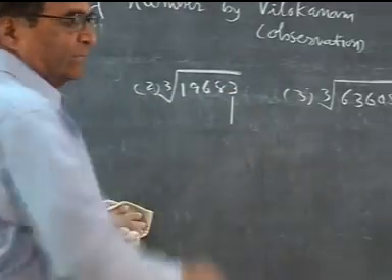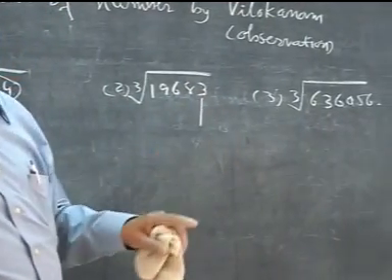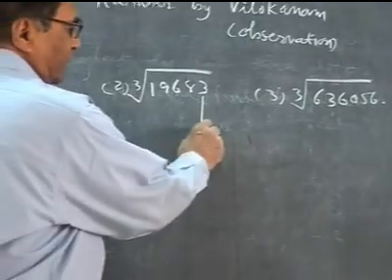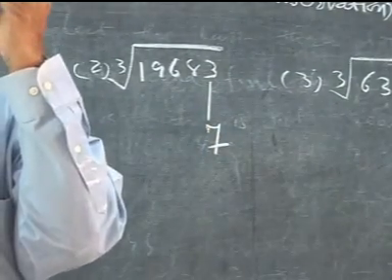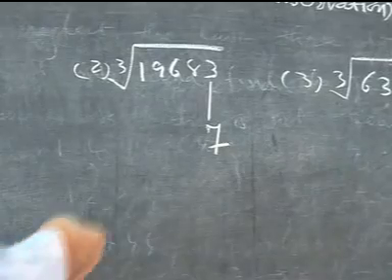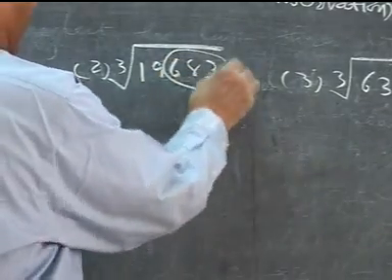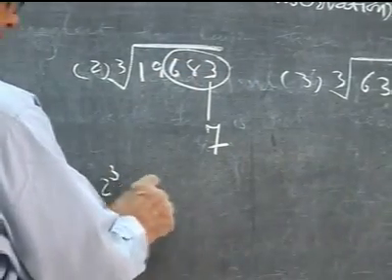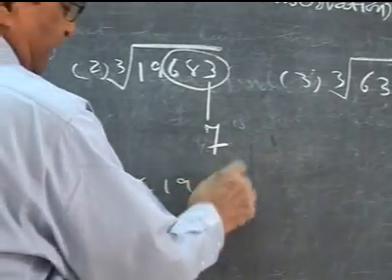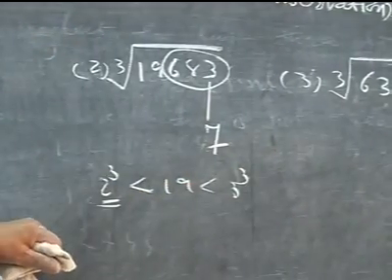3 is not making a perfect square, so its nikhil will be the unit digit of the cube root. Remove the last 3 digits. You know 2 cube is less than 19, less than 3 cube. So 2 is the greatest number.